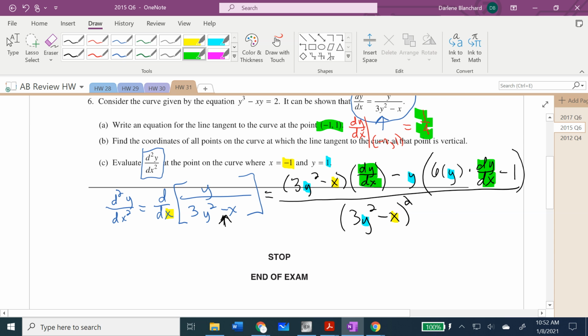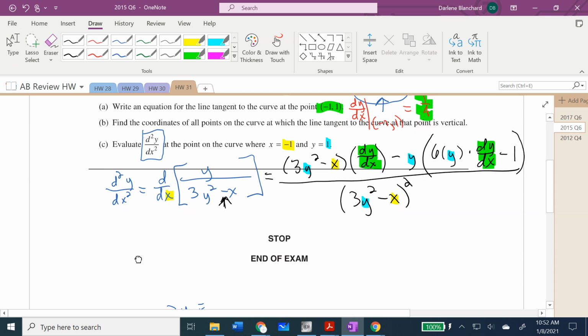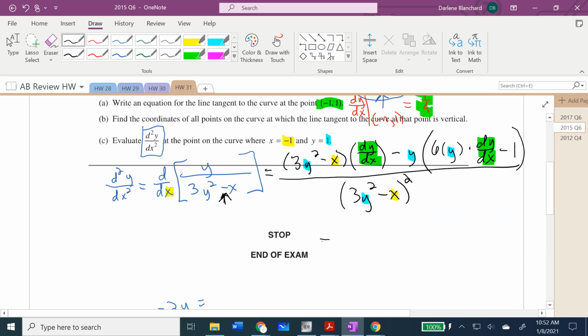My advice is plug them in and leave it. Don't do your arithmetic. So I'm just going to write out a final step of doing that.